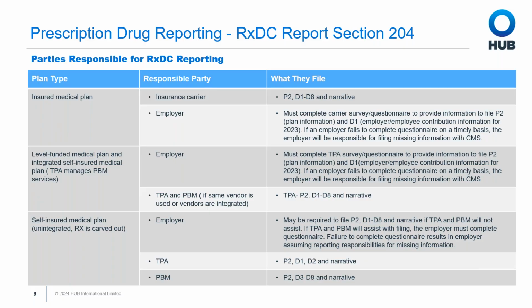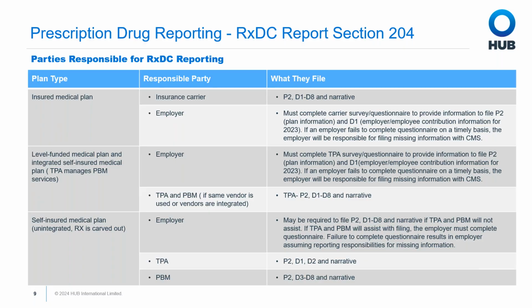That information is required to finalize the completion and submission of the D1 and the P2 files, as noted earlier. The TPA and/or PBM, if it's the same vendor, most likely will handle all of your reporting requirements. They'll most likely file P2, D1 through D8, and the narrative.